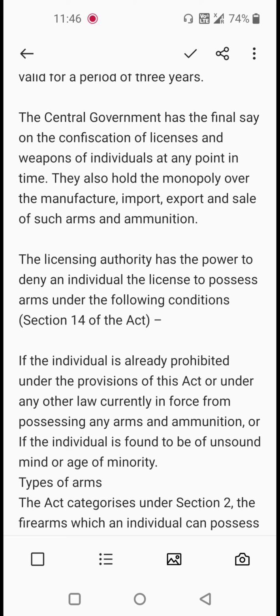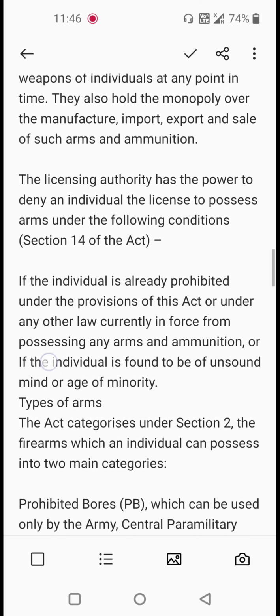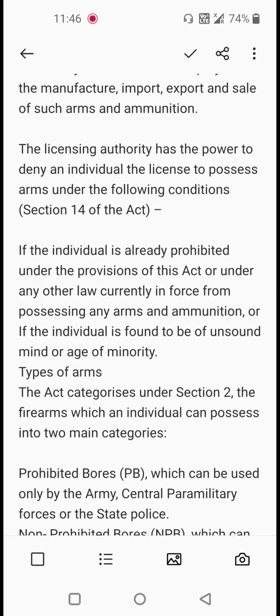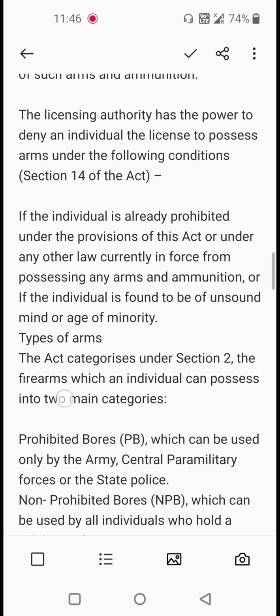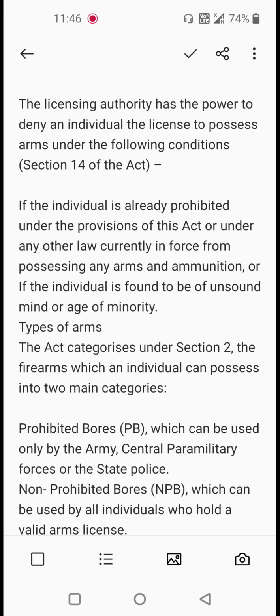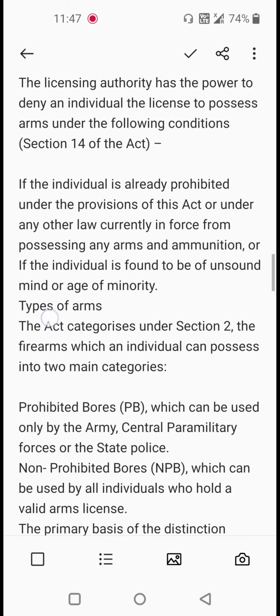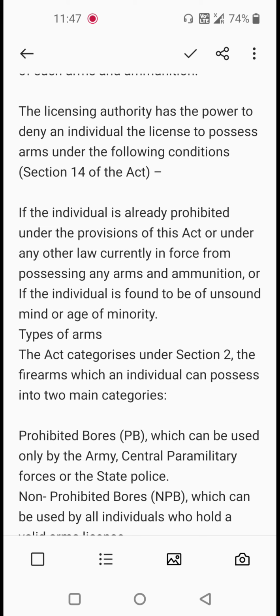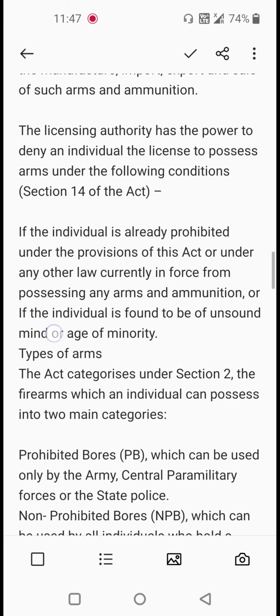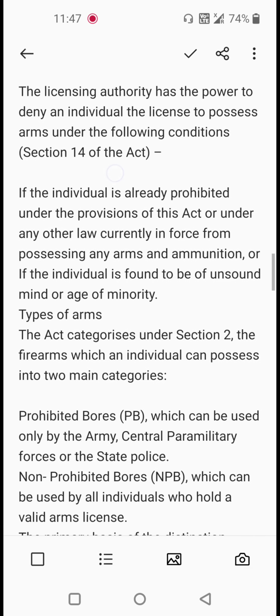Section 14 says the licensing authority can deny the license if the individual is already prohibited under the provisions of this Act or any other law currently enforced from possessing any arms and ammunition, or if the individual is found to be of unsound mind or of minority age. These are the conditions where the licensing authority can deny the license, given under Section 14 of the Act.